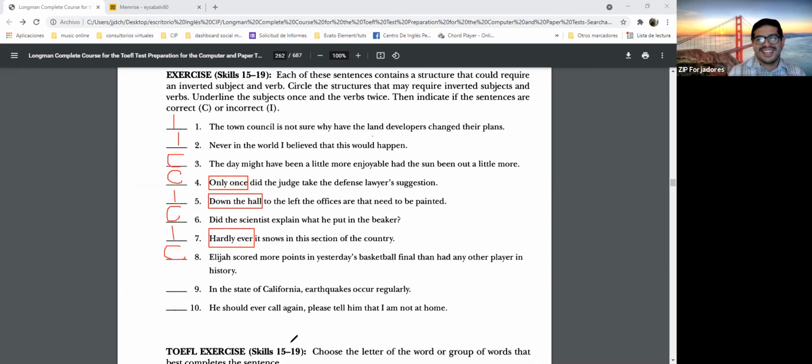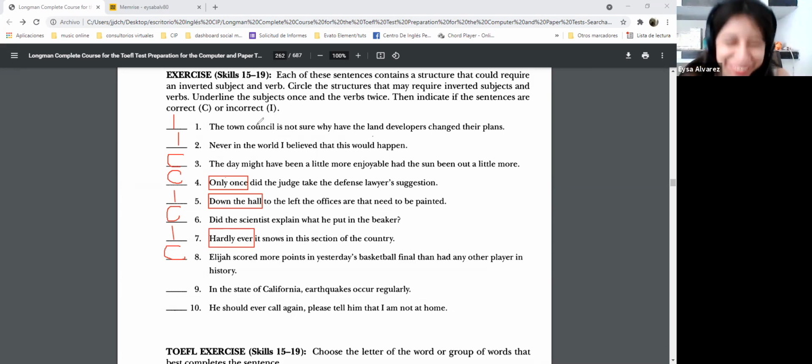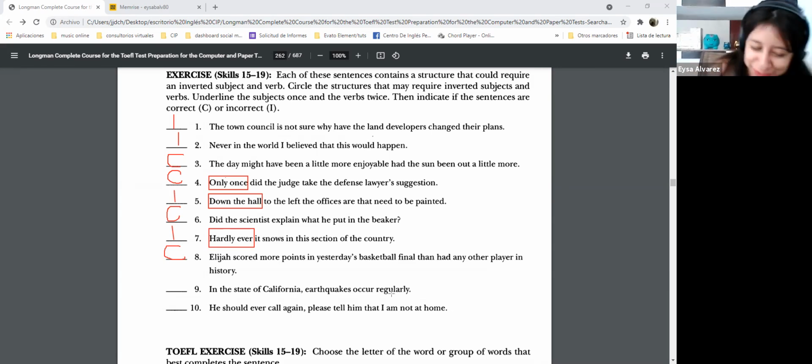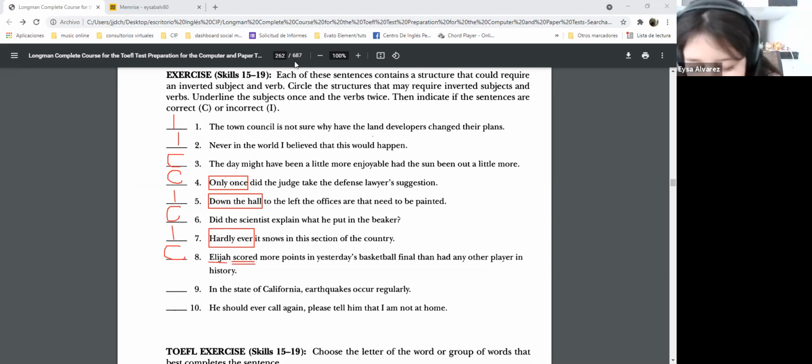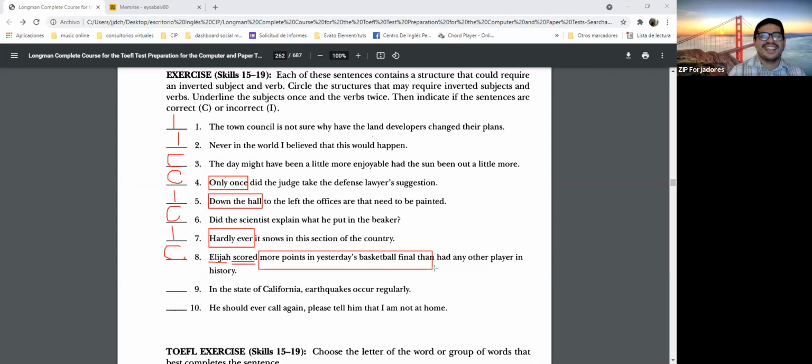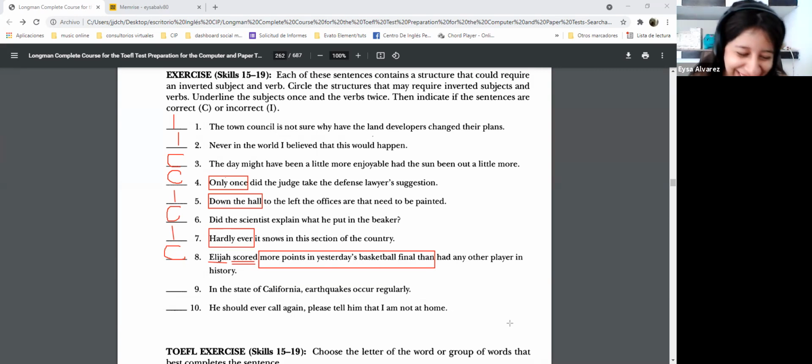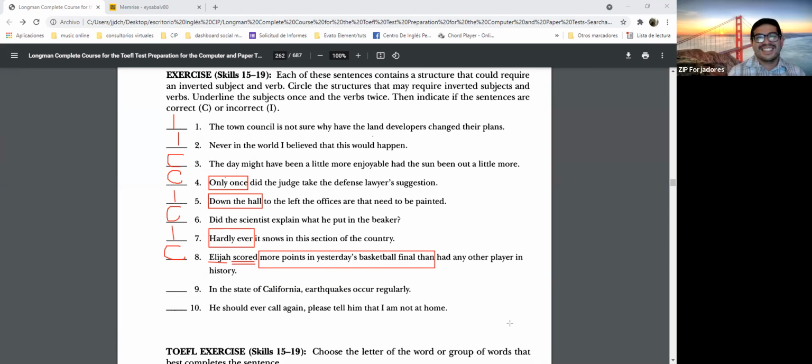Then we have the verb score, and we have the comparative, that is more points in yesterday's basketball final than. But then I was confused, and I thought that had was an auxiliary, but actually it's a verb. Any other player is the subject.